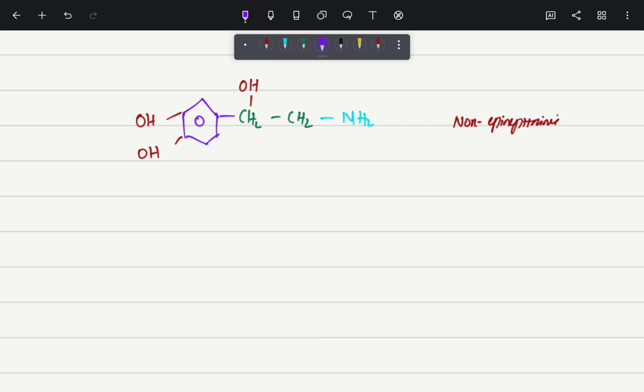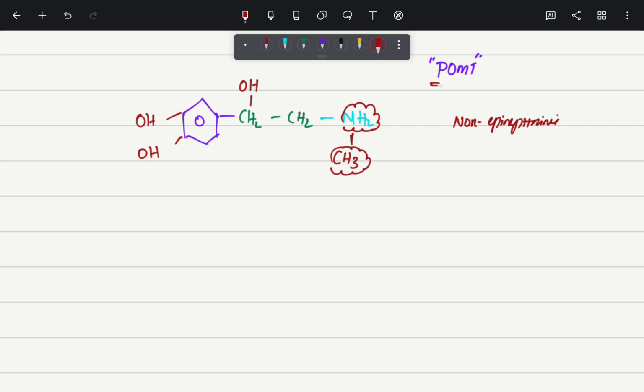So the enzyme called phenylethanolamine methyltransferase will add a methyl group. I will draw this in red sketch. So here to the amine, as you can see, there will be addition of a methyl group.